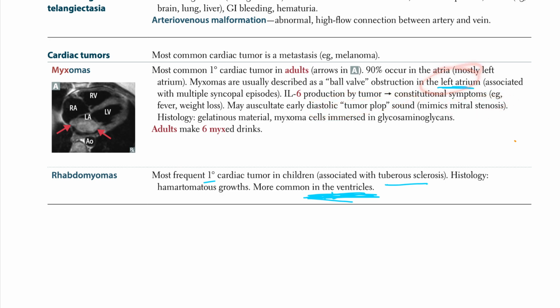The left atrium will be blocked, with decrease in cardiac output causing syncopal episodes. On histology, this will look like gelatinous material with glycosaminoglycans, an amorphous extracellular matrix. Okay, and rhabdomyomas are in children, associated with tuberous sclerosis, seen in the ventricle. It is just a hamartomatous growth, and that is all for cardiac tumors.